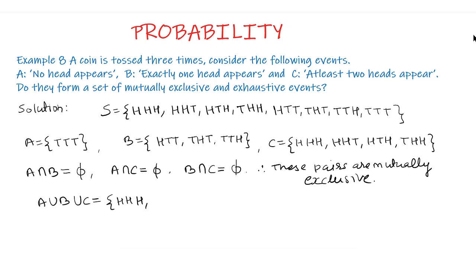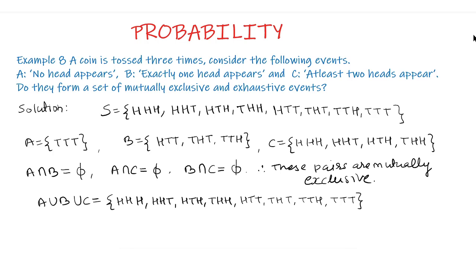HHH is the element in event C. HHT is also an element in event C. HTH is the element in event C. THH is the element in event C. HTT is an element in event B. THT is an element in event B. TTH is the element in event B, and TTT is the element in event A.